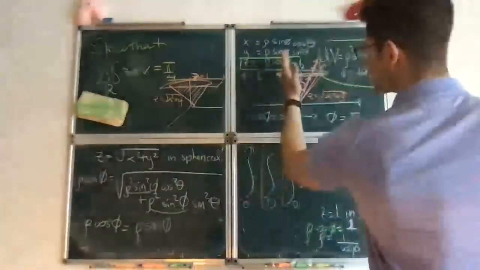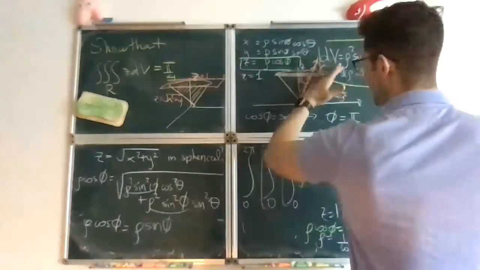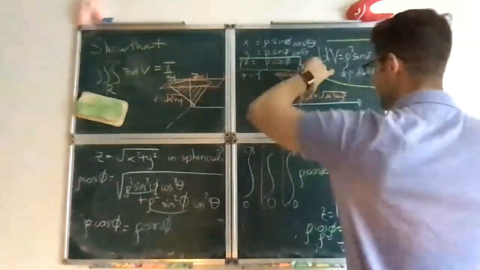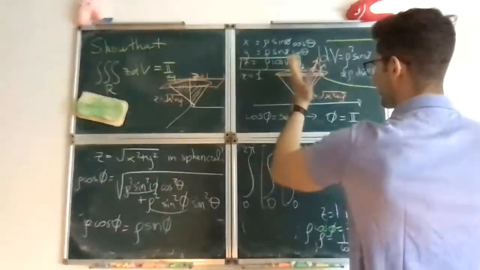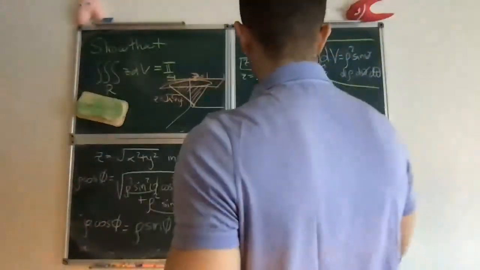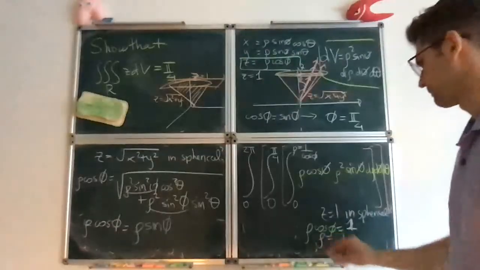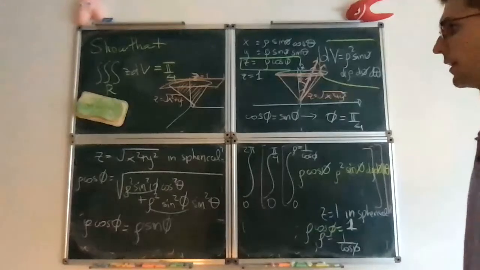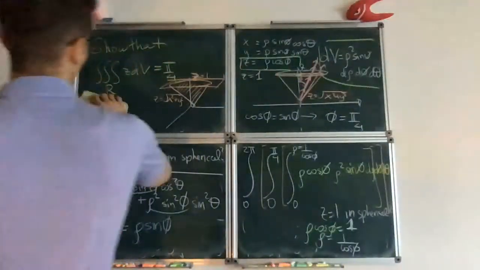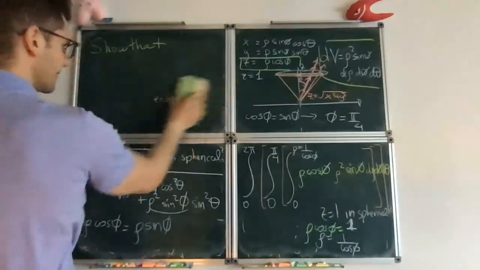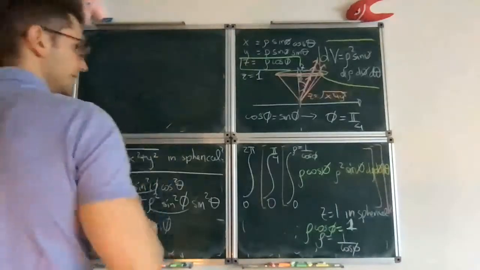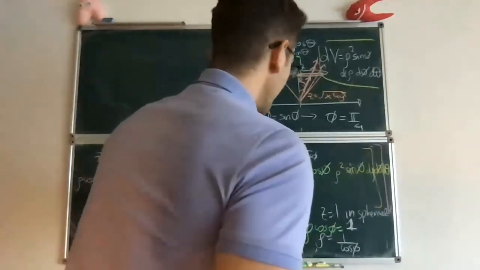So what that means is that these angles started at 0, and in order to reach this last segment, you have to go down by an angle of pi over 4. So the bounds here are from 0 to pi over 4. And again, we have to get pi over 4 as the final answer. And so the integral that we must do is this one.